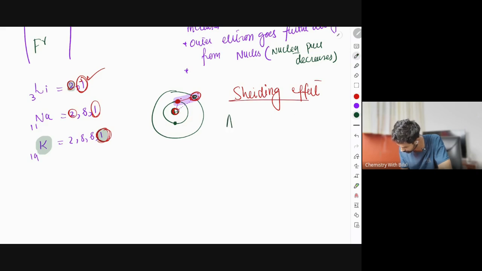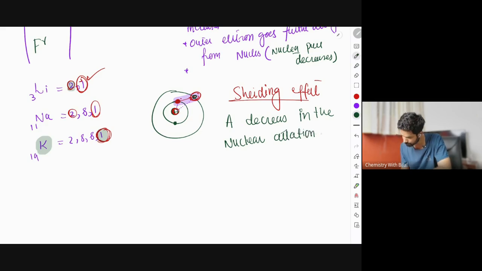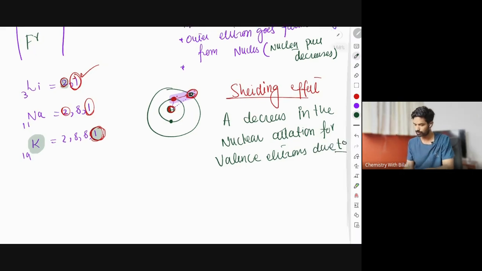Now, a decrease in the nuclear attraction for the valence shell electrons, due to, so what should I write in the "due to" sentence?